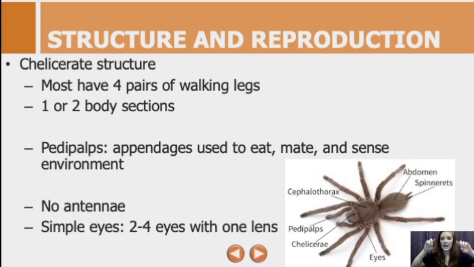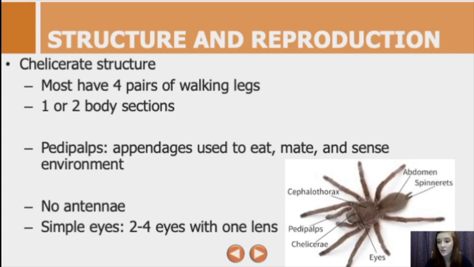And then look, it has 8 legs. When we don't count the pedipalps and we don't count the chelicerae, it has 8 walking legs. That's very important. It has 4 pairs of walking legs, and it's divided into 2 sections. In this case, the spider doesn't have a separate head. It has a cephalothorax, where cephalo is short for head, but its head is combined with its body.